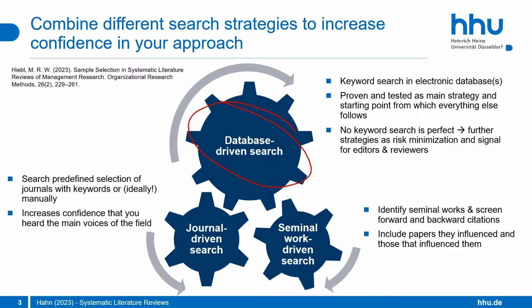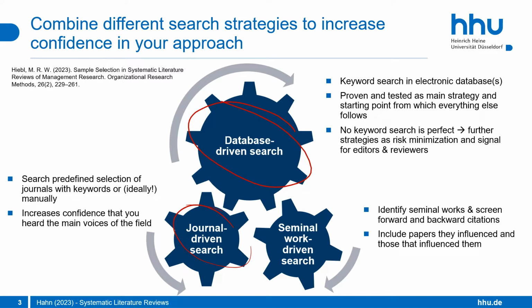One of these strategies that you could apply is a journal-driven search. That means you identify a predefined selection of journals, the most important journals of your field, however you want to determine that. There are, for many fields, journal rankings out there, or you could go for citations like impact factor or whatever.